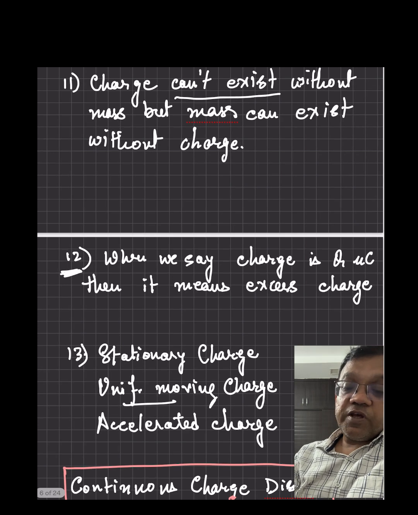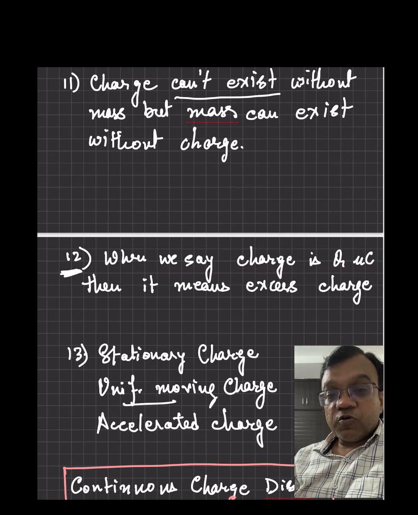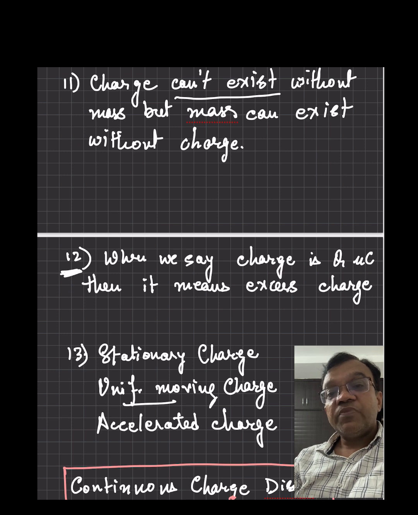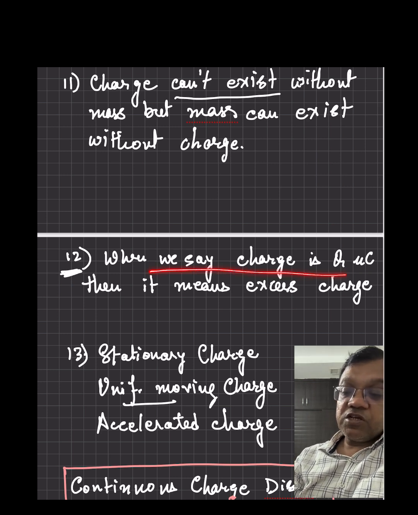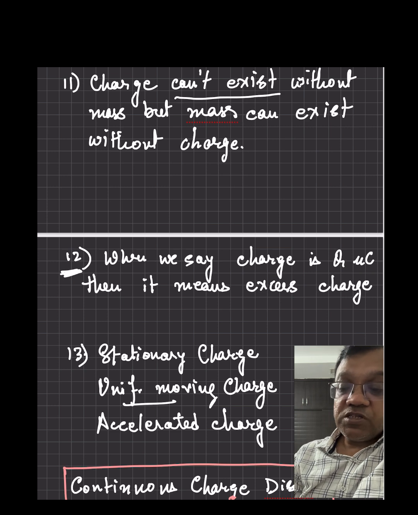Now, another thing: when we are saying that a body has Q microcoulomb charge, or 10 microcoulomb charge, what is this 10 microcoulomb? Is it the total positive charge, or the total negative charge, or something else? When we say the charge is Q microcoulomb, it means we are talking only about the excess charge. What is the meaning of this?